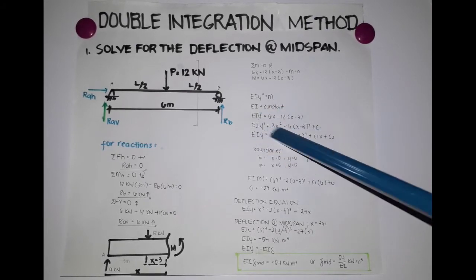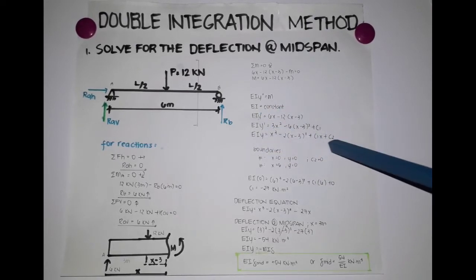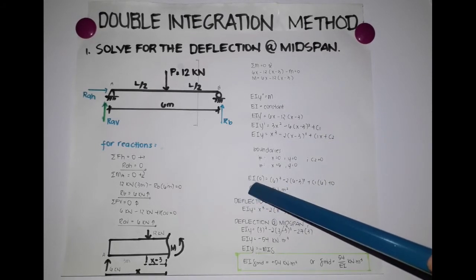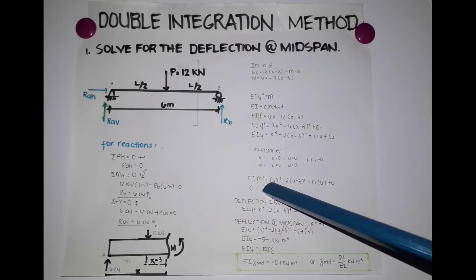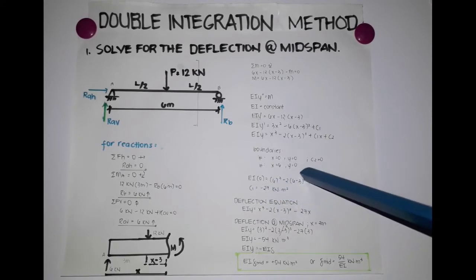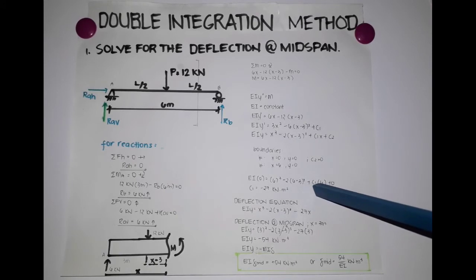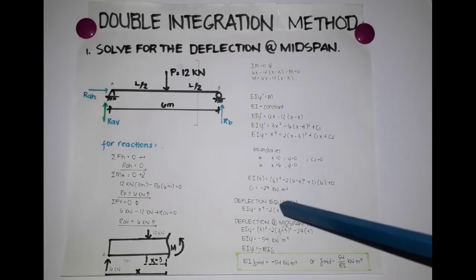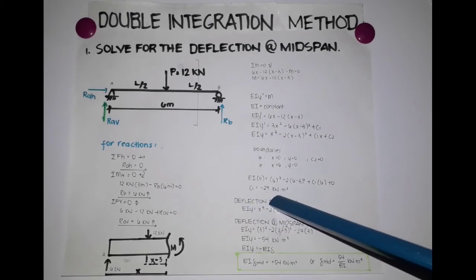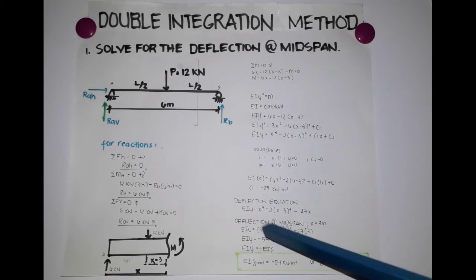Pag sinubstitute natin siya dito, wherein C2 is equal to 0, makukuha natin is EI times y, which is 0, is equal to 6 cubed minus 2(6 minus 3) raised to 3 plus C1(6) plus 0. Makukuha natin value ng C1 is equal to negative 27 kilonewton meter squared.